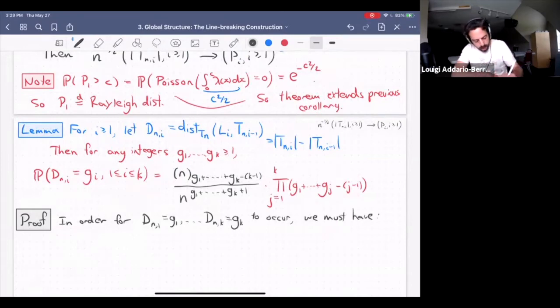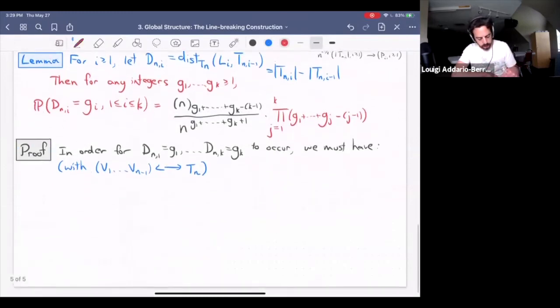I should say I'm using here the bijection, with v1 up to vn minus 1 being the sequence corresponding to Tn under our bijection.